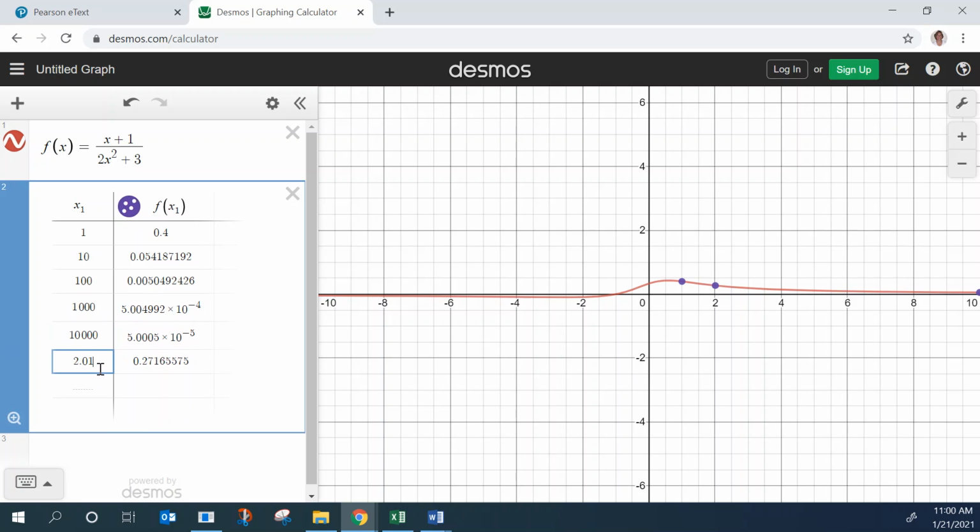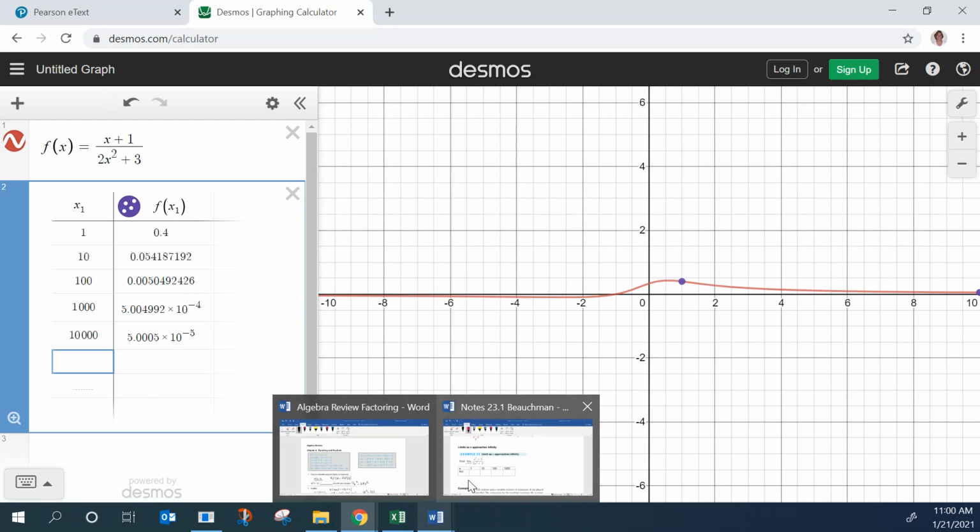And what are the y values getting closer to? The larger the x values are, the y values look to me like they're approaching 0.